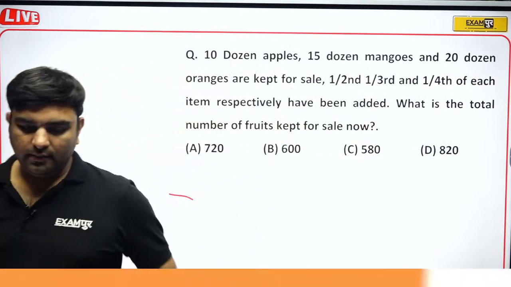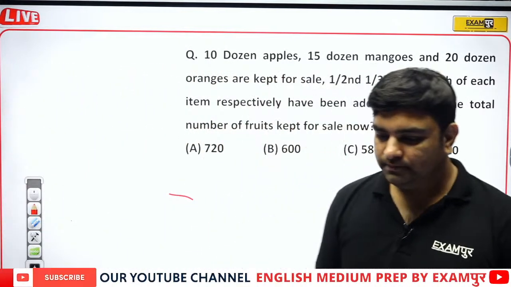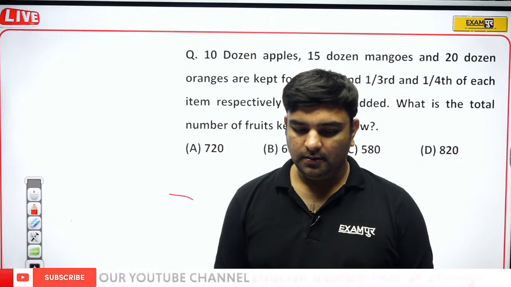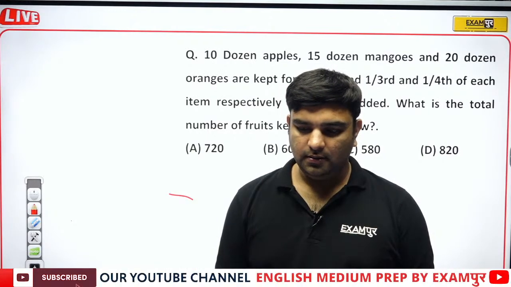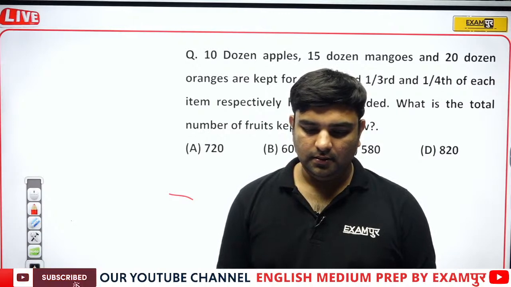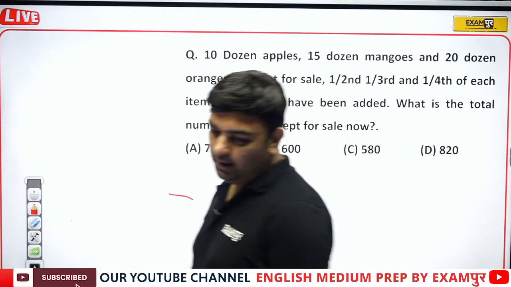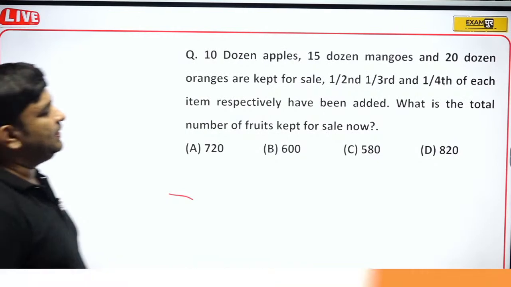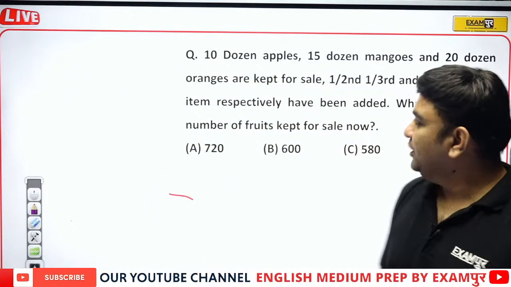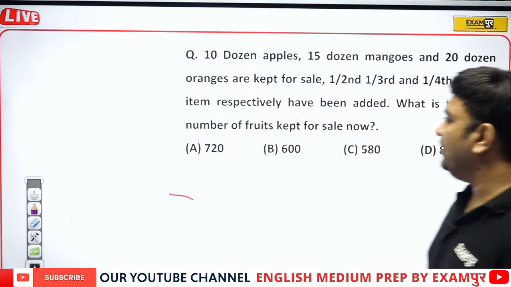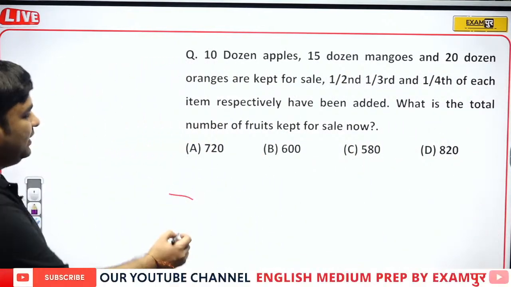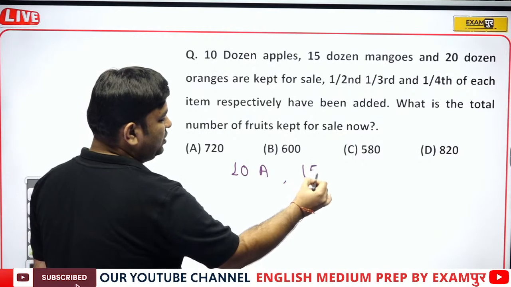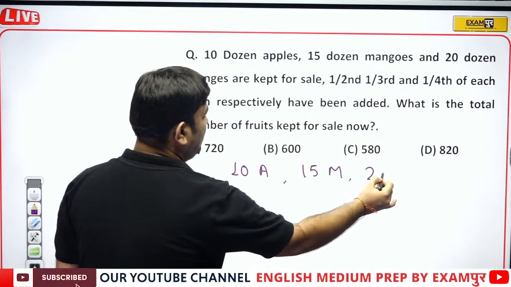Initially there are 10 dozen apples, 15 dozen mangoes, and 20 dozen oranges.